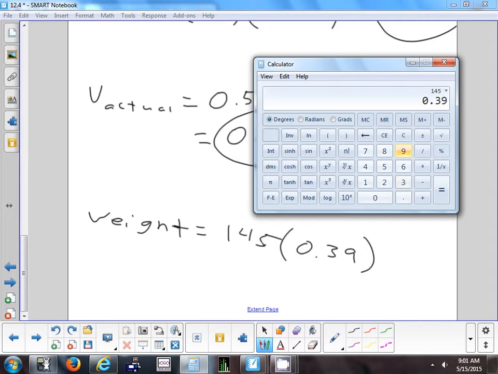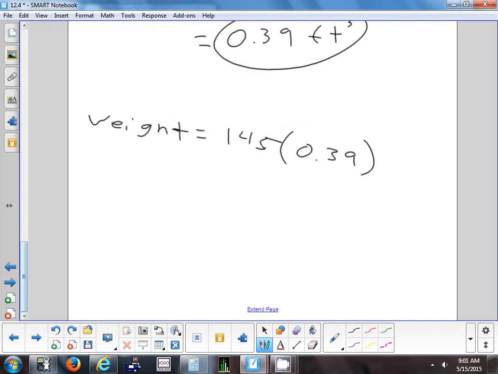So with all our rounding, we got about 56 and a half pounds.